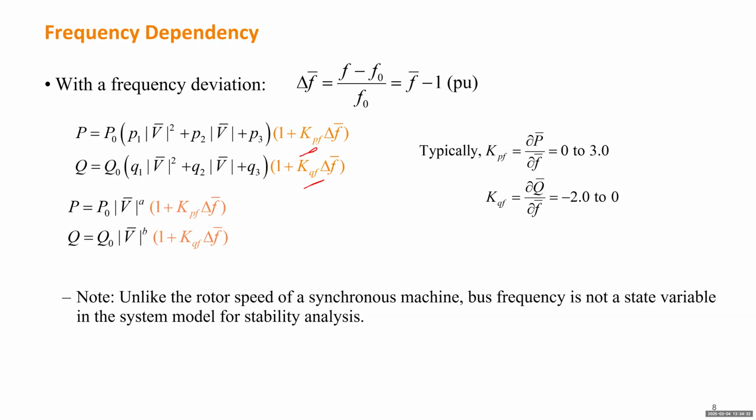A related problem regarding bus frequency: usually when you purchase a phasor measurement unit, like a synchrophasor or PMU, you cannot place the PMU directly at the generator, right? It will be connected to some substation. So what it measures is actually bus frequency, not the rotor speed. It's not a state variable.